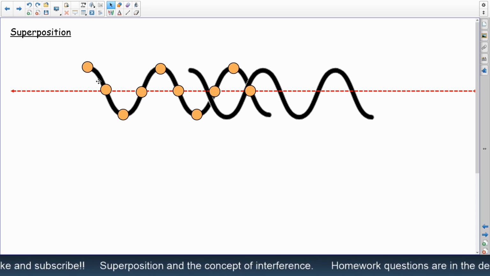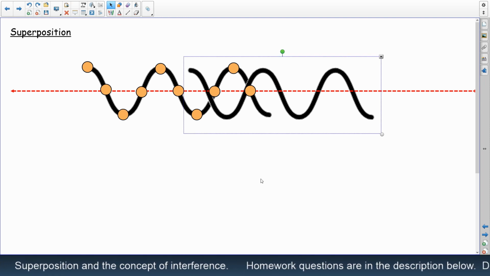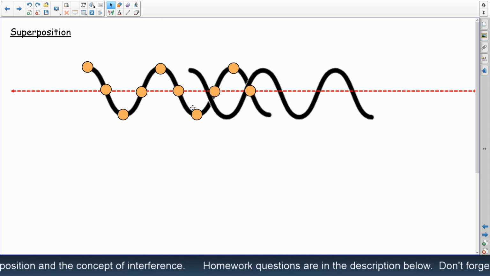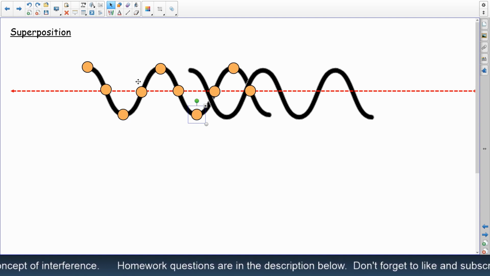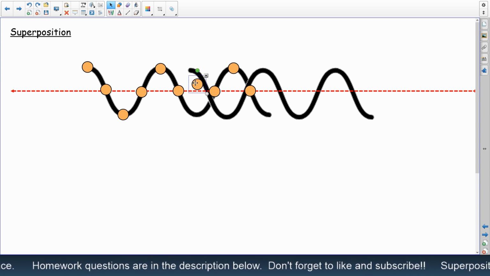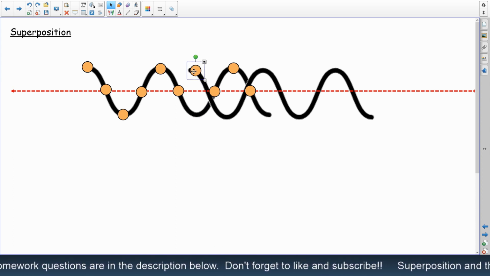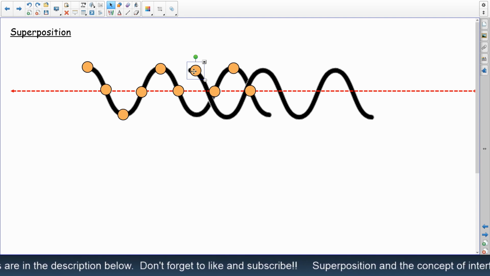Now, all these particles aren't bothered in the slightest because this second wave here hasn't arrived at these particles yet. But this particle here suddenly finds itself in a situation where this wave is attempting to push it downwards to this position, but this wave is attempting to push it upwards to this position. Okay, so what we've got here is two attempted displacements.